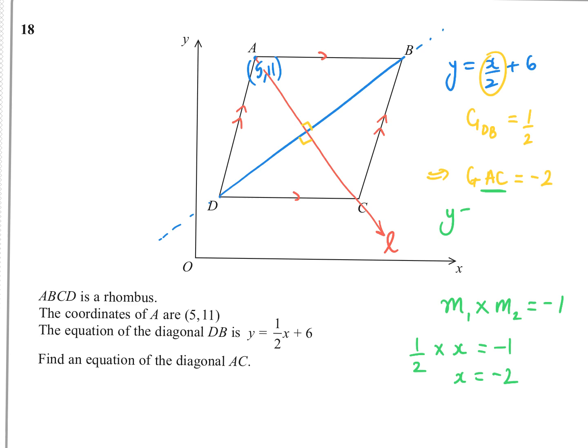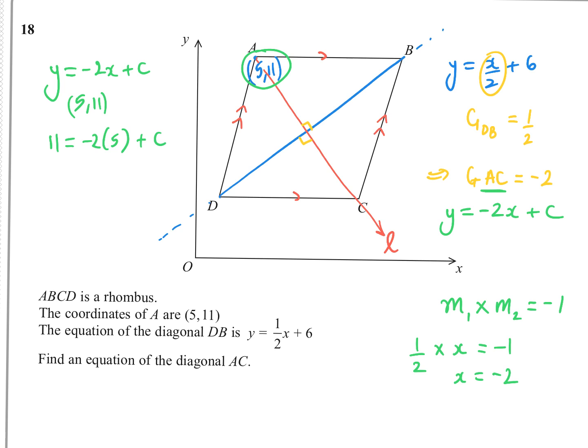So we know that it's y equals -2x plus something. But luckily for us, we also know that it goes through the point 5, 11. So if I'm just going to write this up here, because I've got a bit more room. So we knew this. We knew that it also goes through the point 5, 11. So when x is 5, y is 11.